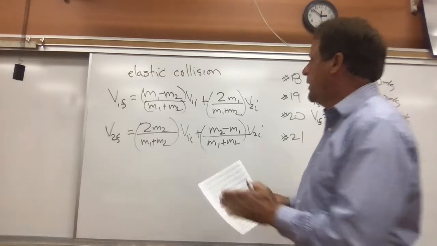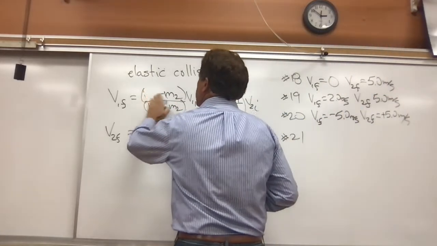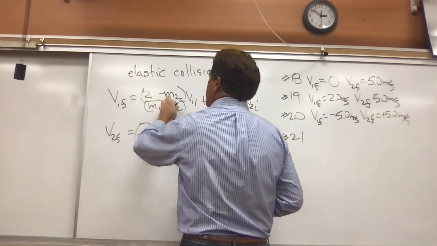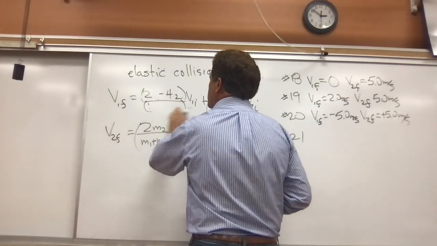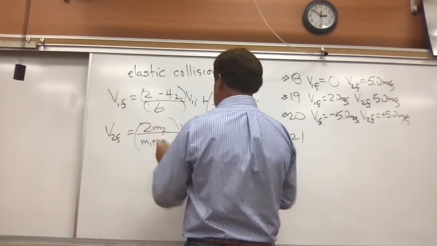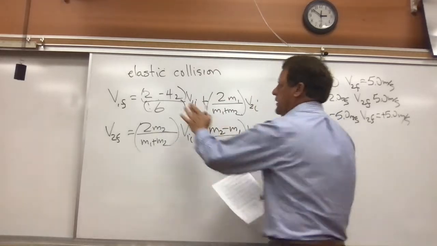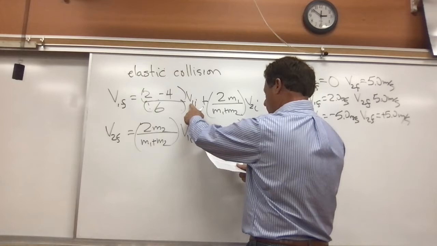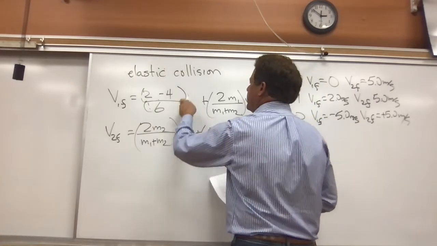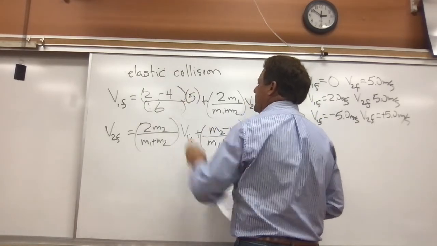The first ball is going to be 2 kilograms, and the second ball is going to be 4 kilograms. 2 plus 4 is 6, and our initial velocity of the first ball is 5 meters per second.